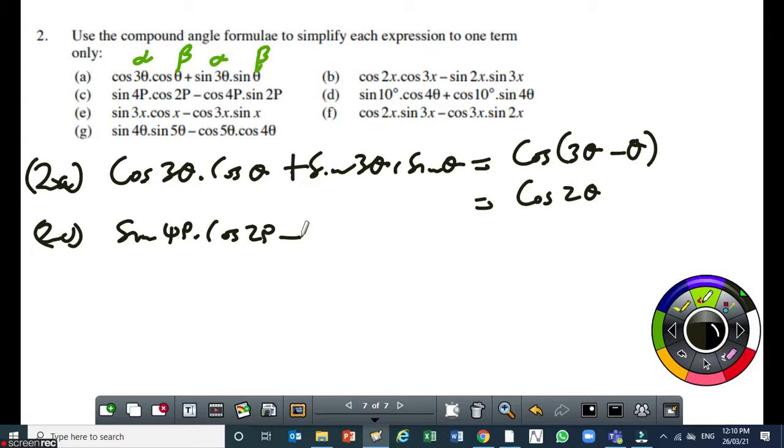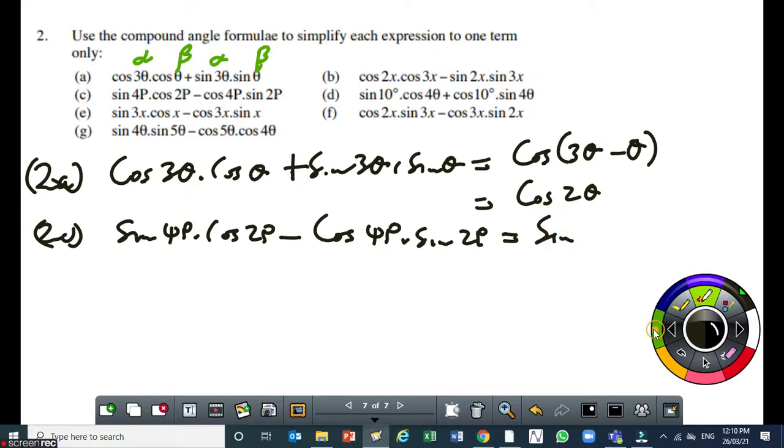Now, since you have a product of sine and cos, it means you have to use one of the 2 compound angles for sine. But the question is which one? There's a minus here, so use the one with the minus. So we write here sine.